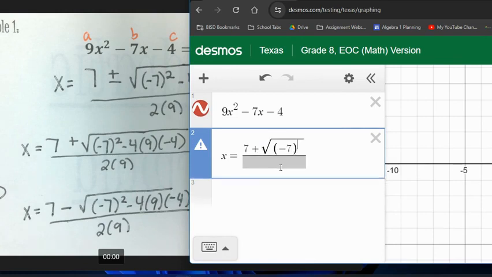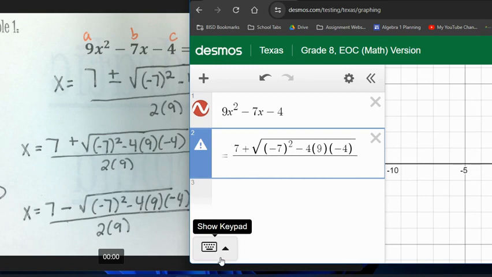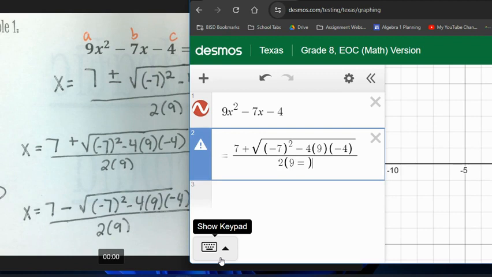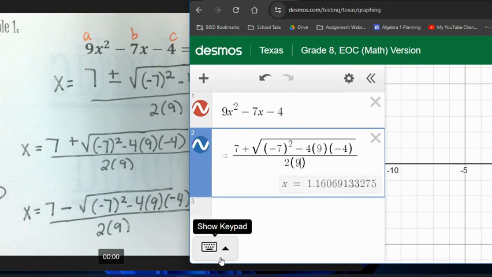Where did you do that? Square root. Yeah. Click that. And you'll find it in there. Minus 4 times 9 times negative 4 over 2 times 9. Oh, mistake. There we go.